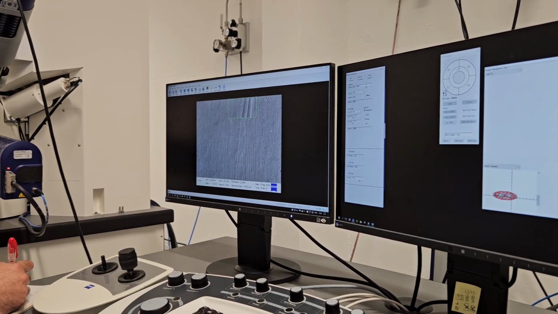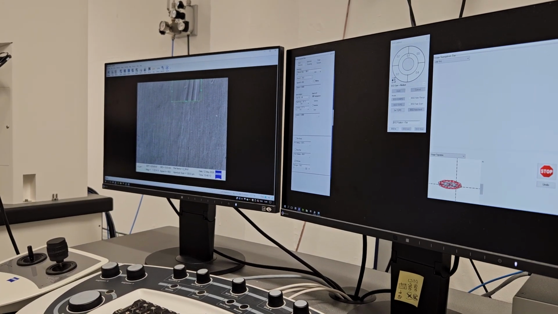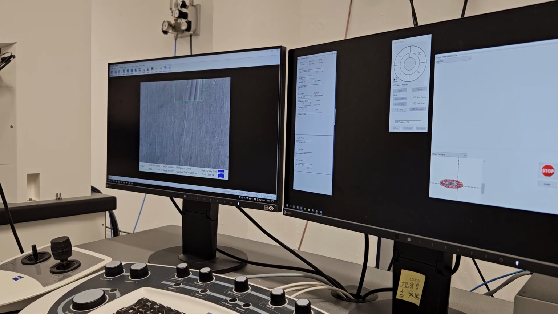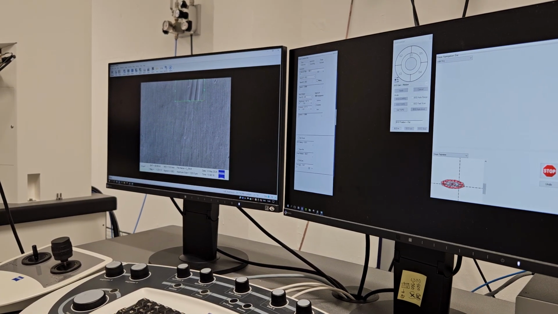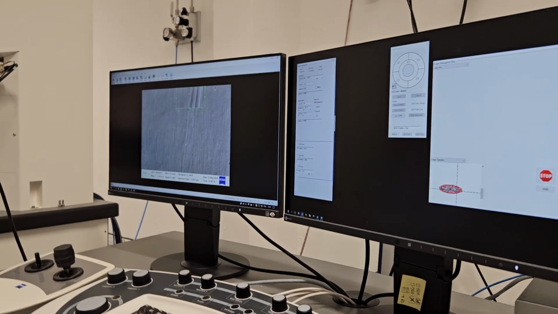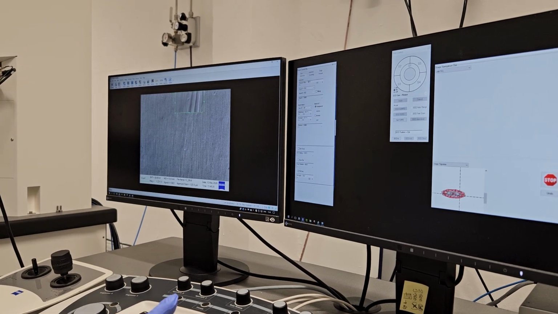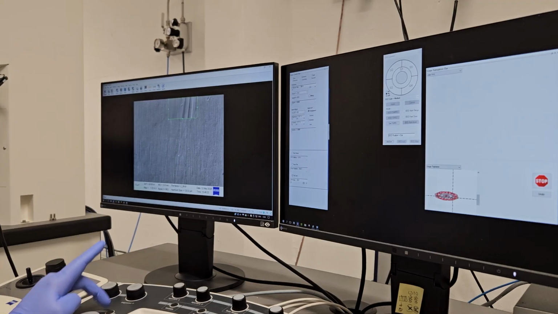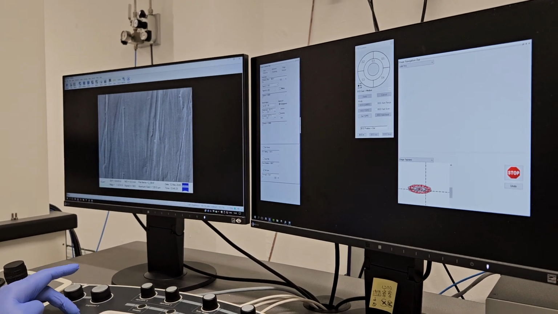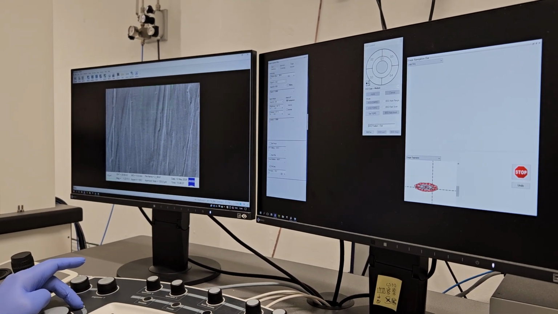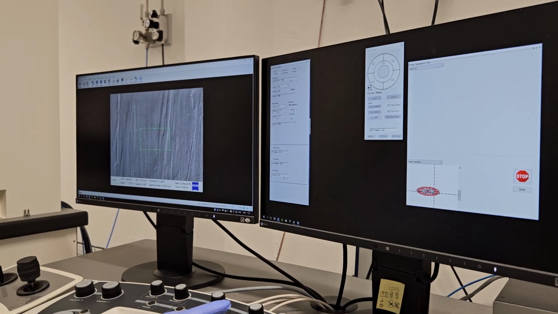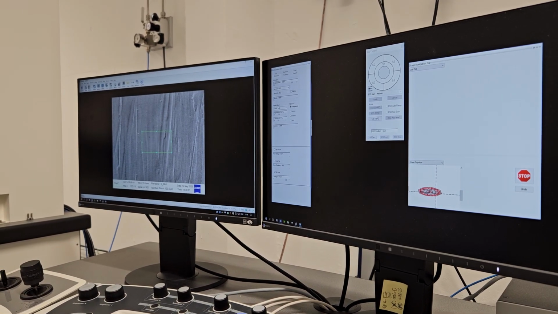And now you shouldn't use this focus knob. You use the focus knob when you focus on the center. The center region should always be in focus, it must be focused with this knob.